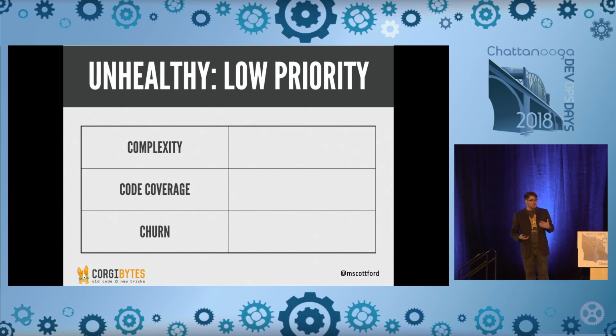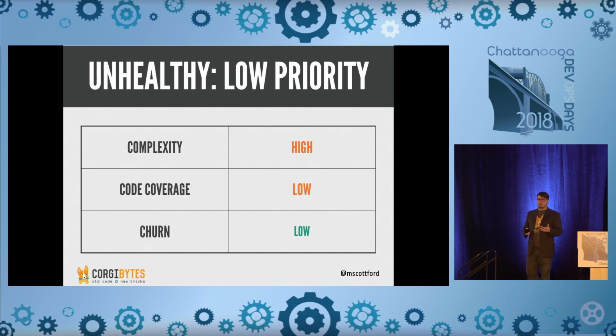So then, a more complicated scenario is a code base that's kind of unhealthy but less of a priority. Any ideas what this might look like? Okay. Complexity is high, code coverage is low, but churn is low. This is a little subtle. There's another set of laws for software development called Lehman's laws, and these talk about how entropy can play a factor in the software systems we work on.